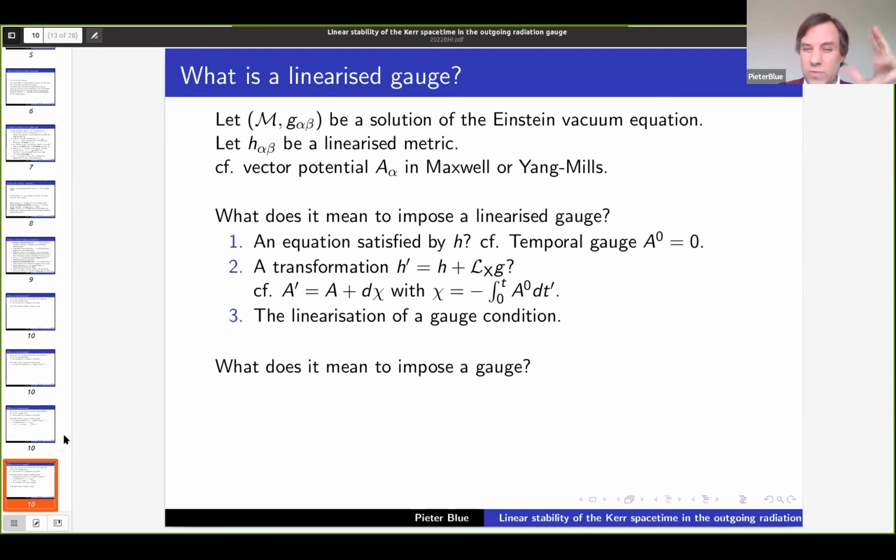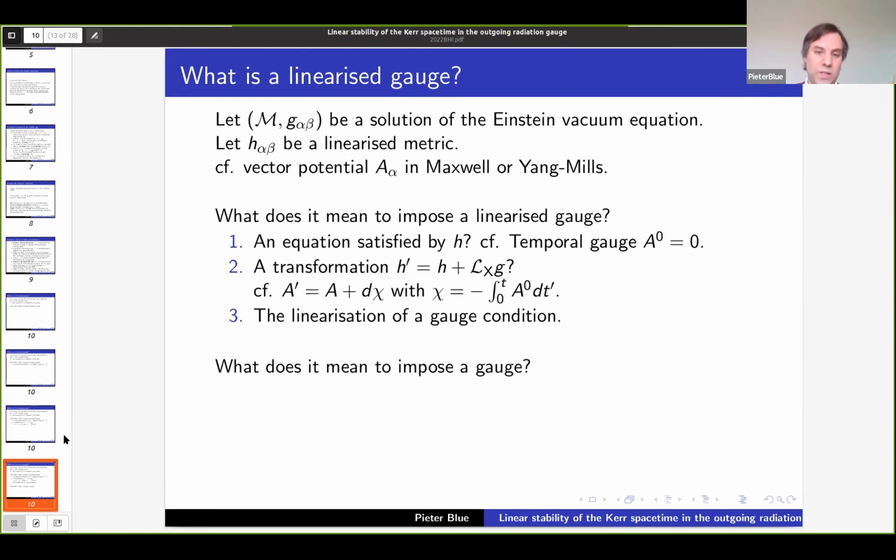So these are three related ideas, and I think the best of these is the third, and certainly if you're trying to advance towards understanding the nonlinear problem, the third is the one that one would need to take: you would have some nonlinear system, you linearize it, and then analyze that resulting linearized system, rather than what was happening in the 70s, where you take the ungauged equations, linearize them, and then try to put extra conditions on them.